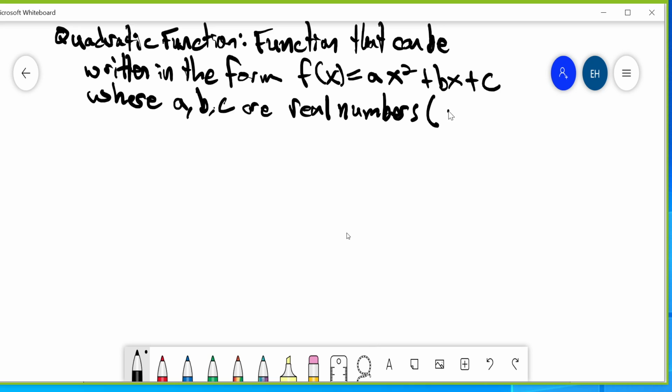The way I'll say that in the future is I'll just say a, b, c in the set, that means in the box, and that R means real numbers. A, b, c in the set of real numbers, with a not equal to zero. So that's what we mean in the class by quadratic function.